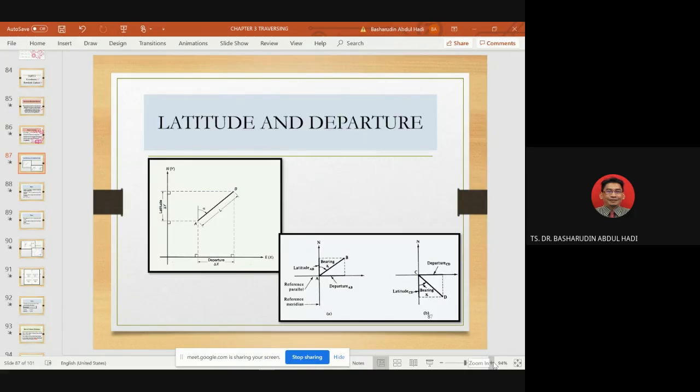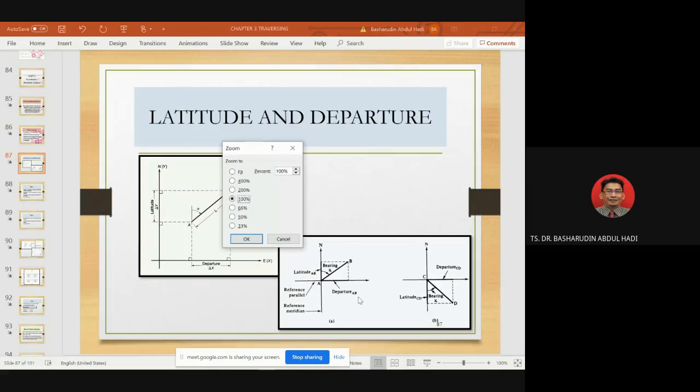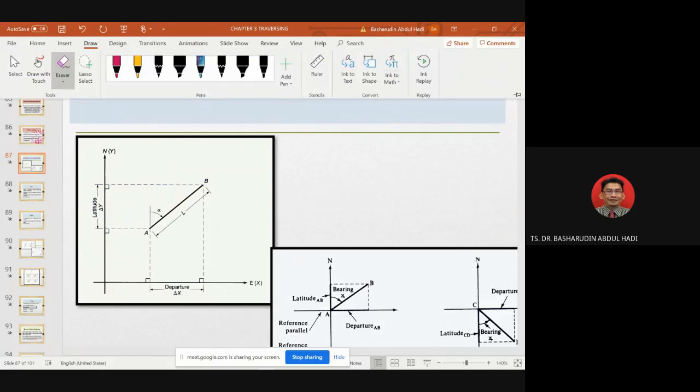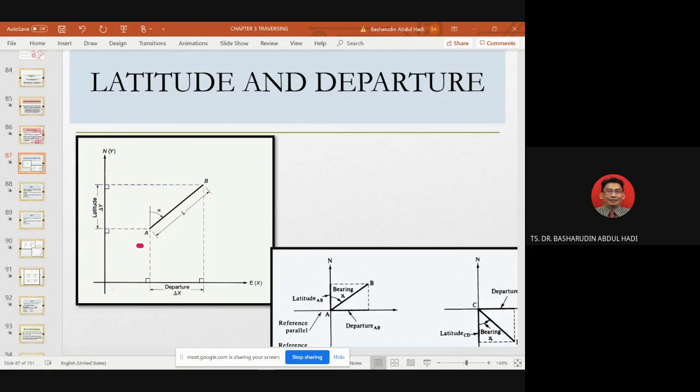If you look at this system, we actually have two points, A and B. So this A and B, we relate based on bearing, angle, and length.